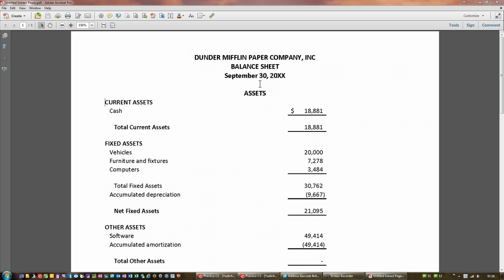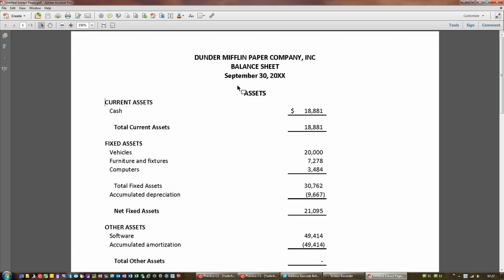It's not going to be valid for September 29th, and it's not going to be valid for October 1st. It's different than the income statement, where the income statement covers a period of time. For instance, it could cover a year, a quarter, 6 months, or even a day. But the balance sheet is only valid for one point in time, September 30th.